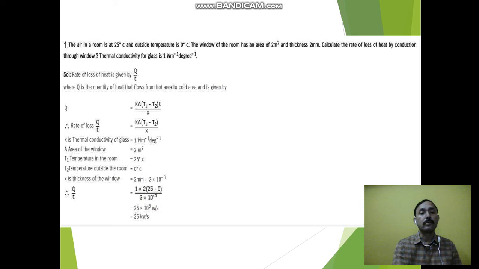Calculating, we get 25 into 10 to the power 3 watt. So the loss of heat will be 25 kilowatt.